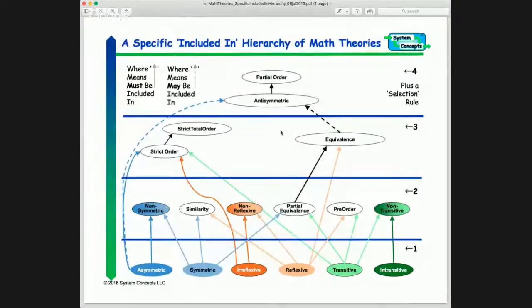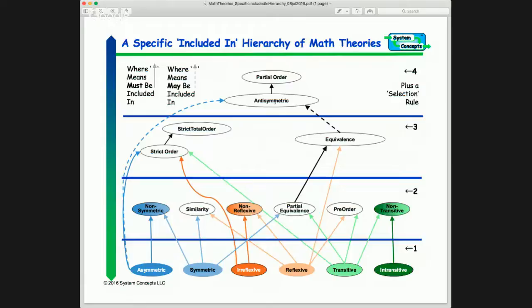Essentially what we've said is that this arrow must be included in, whereas the dotted line, it may be included in. So all the ones that the primitive runs into at the second level, those are all must be included in. Third level, it's all must be included in. But when we get to the fourth level here, these are may be included in.